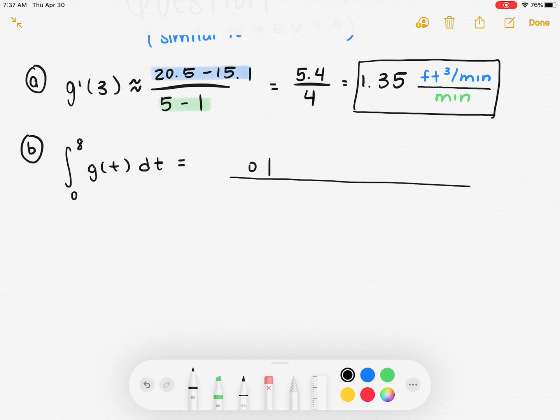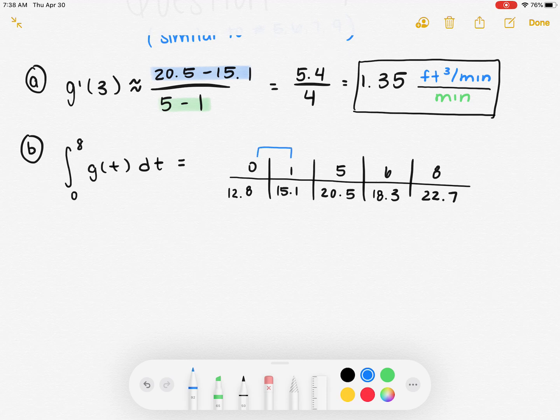So if I'm looking at my data, I have 0, 1, 5, 6, and 8. And then I have 12.8, 15.1, 20.5, 18.3, and 22.7. So if I'm going to find my first area, my first rectangle will be between 0 and 1.